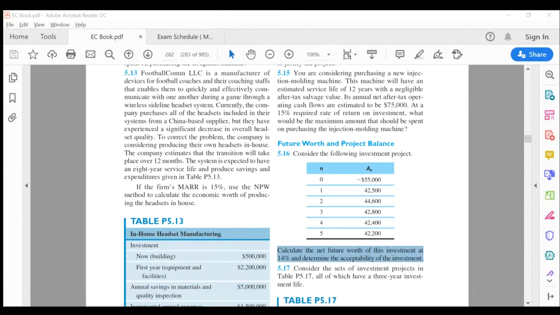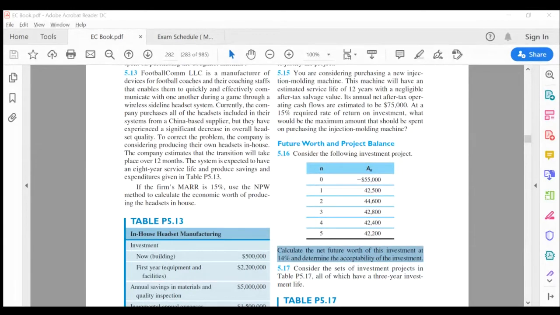How do we find a net present worth of this project? For example, we have cash flows in year 0, 1, 2, 3, 4, 5, right? You can take them each one by one and calculate their present worth, right?